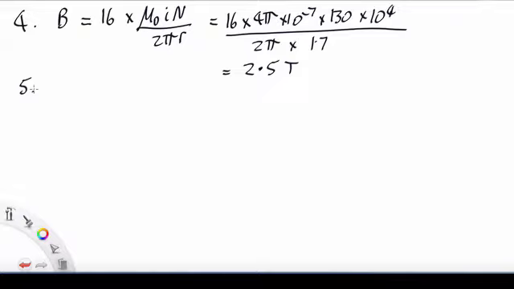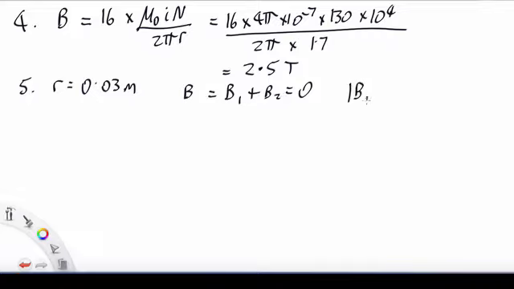Now number 5, we've got a distance of 0.03 meters. So that's the radius of the circle. It's also the distance of the straight line, which is at a tangent to the circle essentially, the distance of that straight line from the point at the center. And we know that the total field, which will be the sum of the two, is 0.